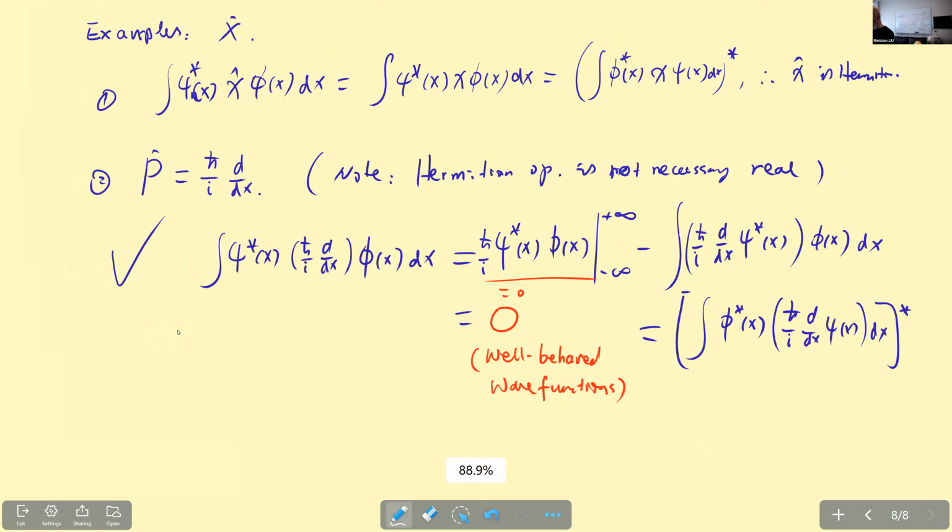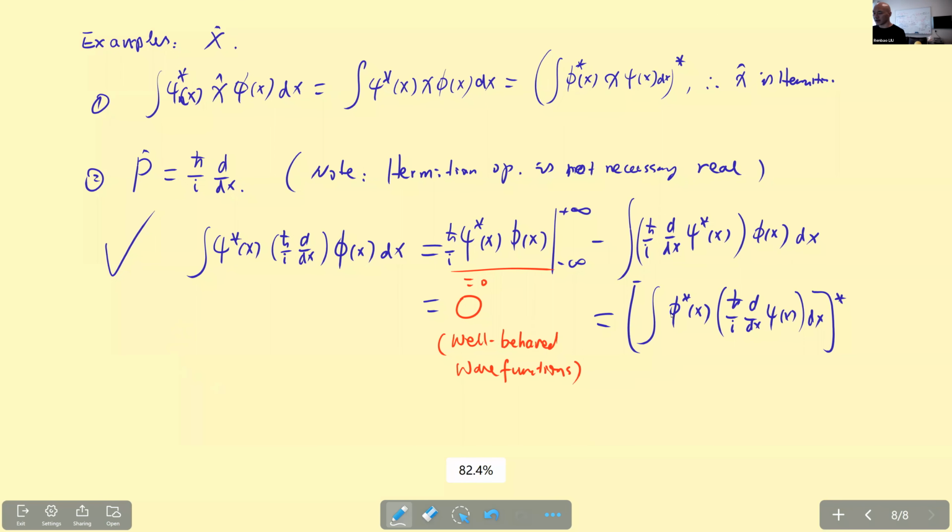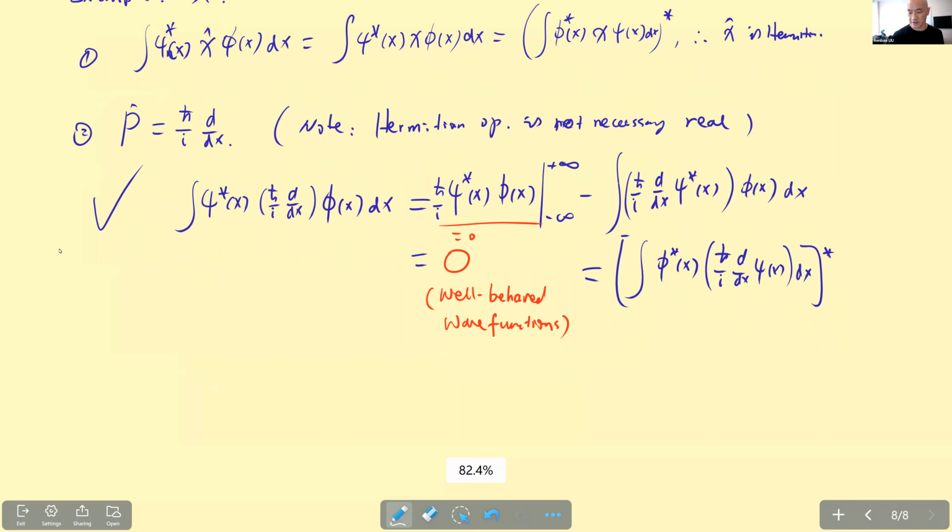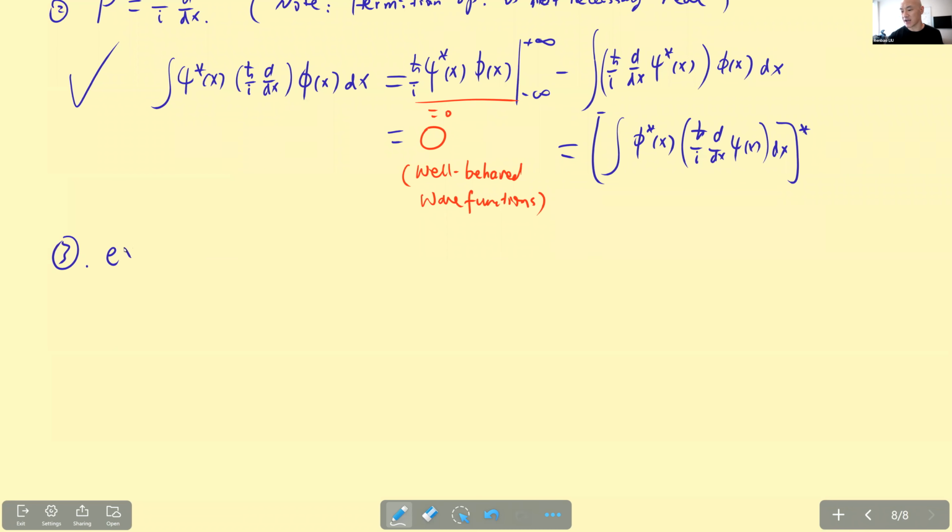Okay. Right. So you can also prove, say, I leave this as an exercise. For example, the kinetic energy, that's the momentum squared over 2m, equals minus h bar squared over 2m d squared over dx squared.